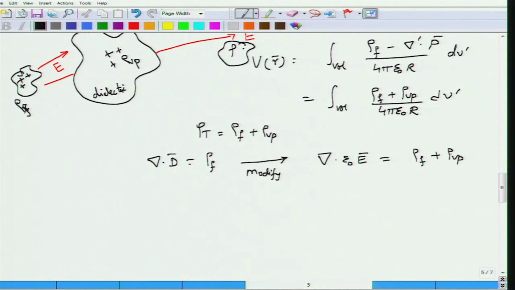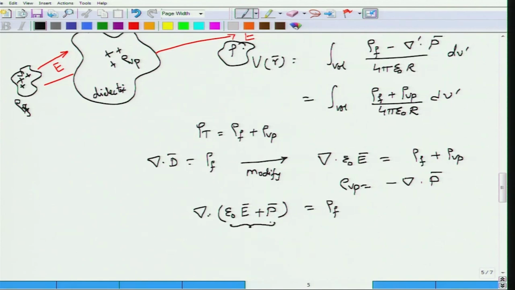So, with this I can move this rho Vp back into the left hand side because rho Vp is still minus del dot P, and if I do that I will get del dot of epsilon 0 E plus P, and this would be equal to the free charge density rho f, okay.